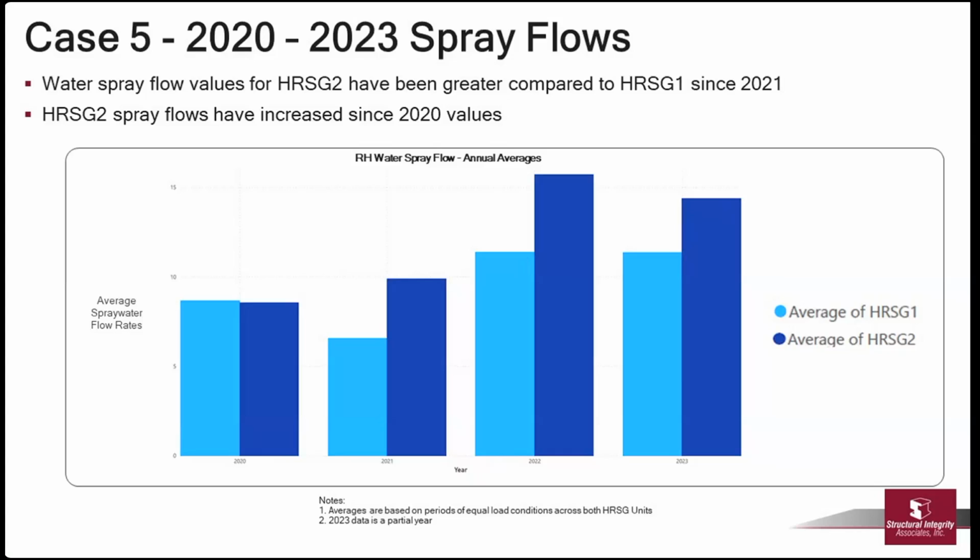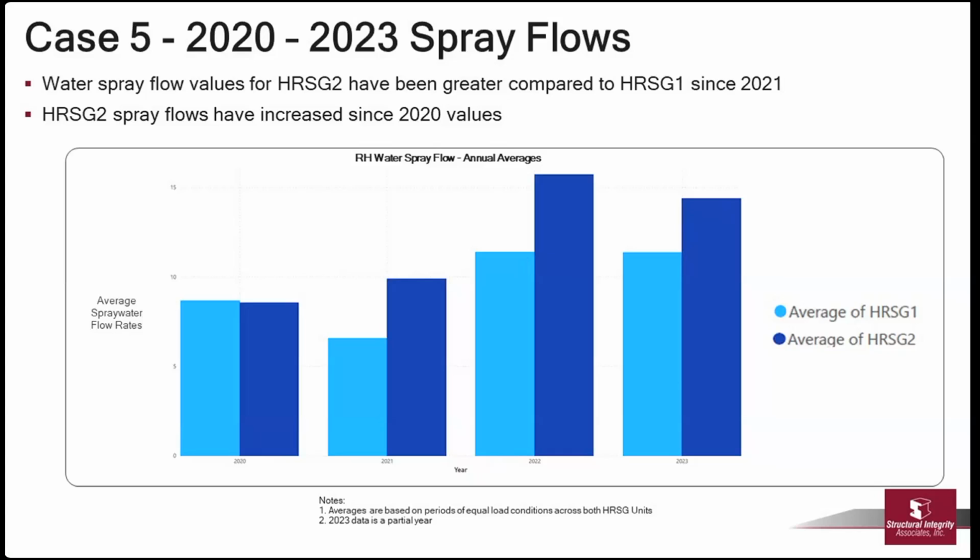So although there was an inspection done in 2020 and nothing was found, there is some concern here because, looking at these sprays, although we don't have thermocouple data, you can infer that they've probably been doing this for a while.